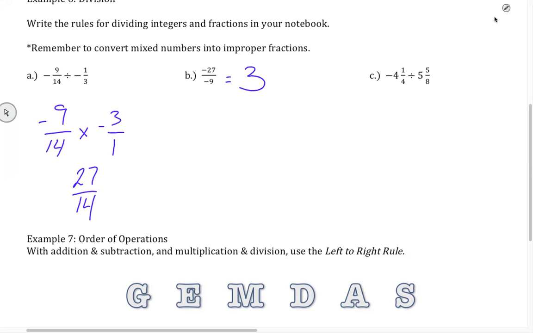Now, Miss Price, this is what you were talking about. Right? Specifically, you said I had to make these improper fractions. Do you know how to make them improper fractions? Yeah. All right, what do I do? So for the first one, you have to multiply 4 times negative 4 and then plus 1.